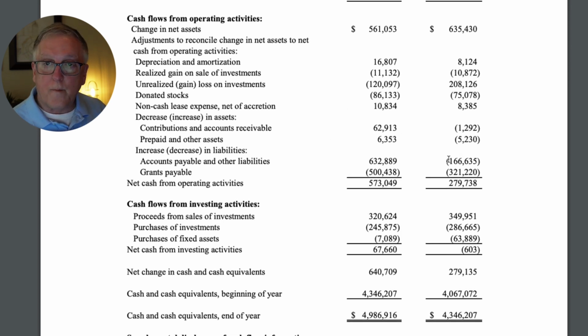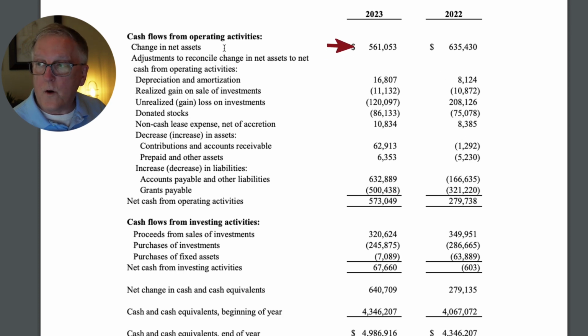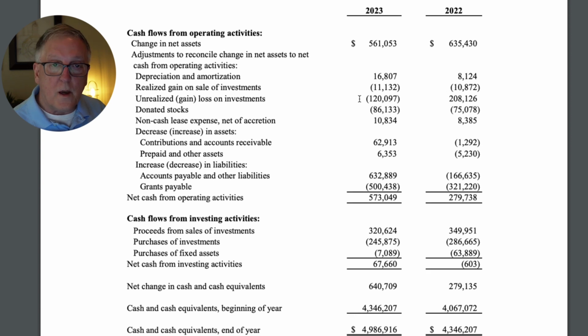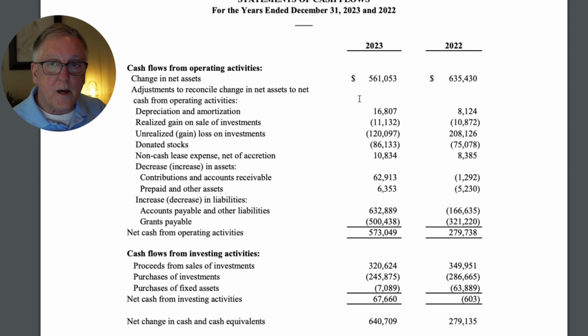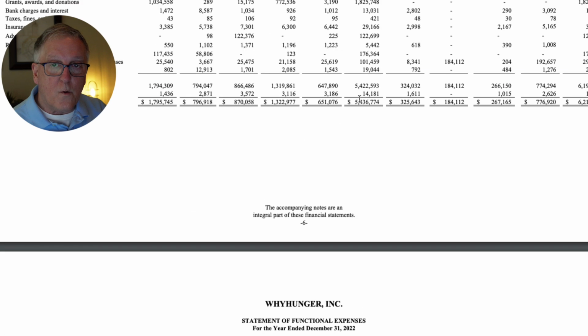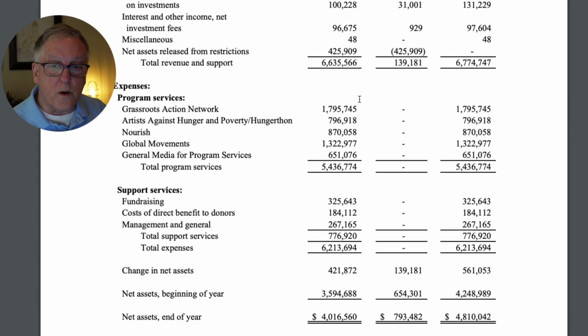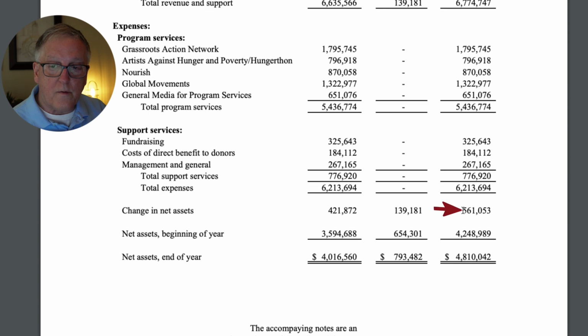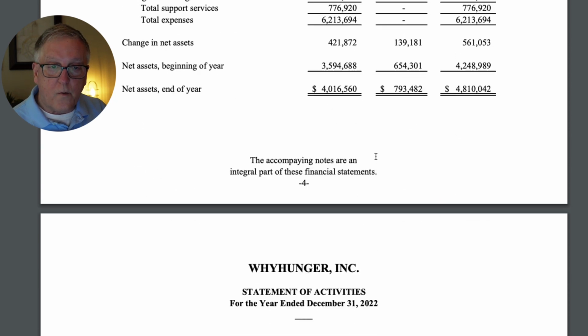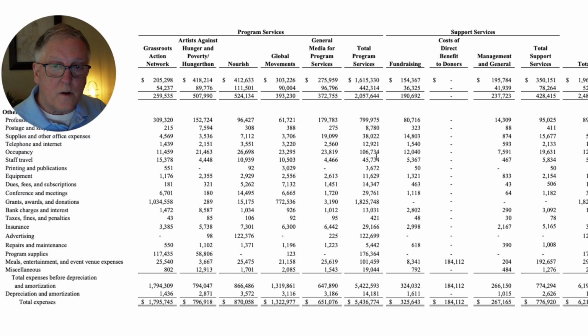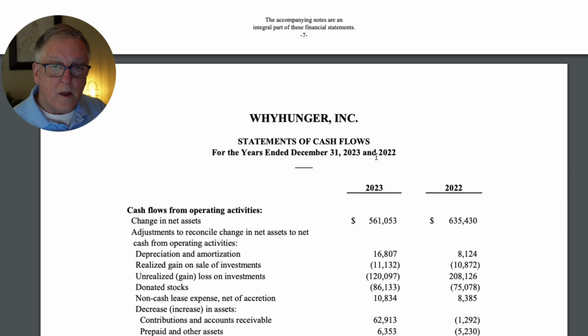Notice that up top we start with change in net assets, 561,053. If you go back to the statement of activities, you're going to see that particular number. There it is there, 561,053. So if we go back over here to the cash flow statement, that's going to be the first number here.